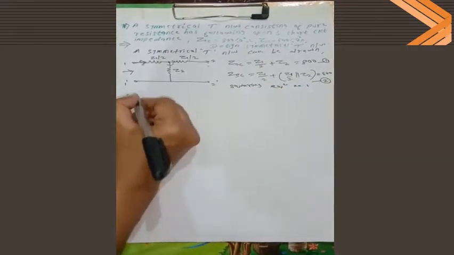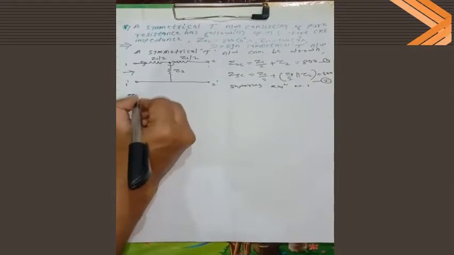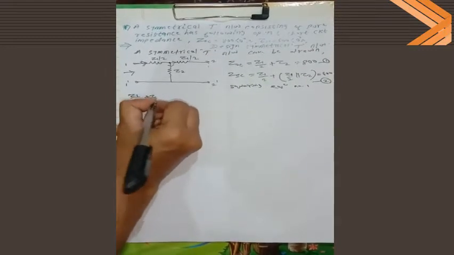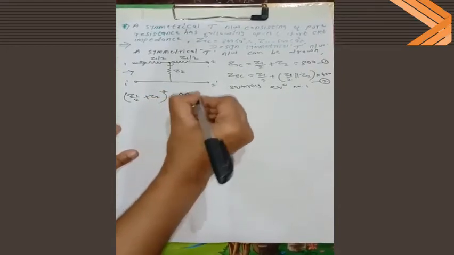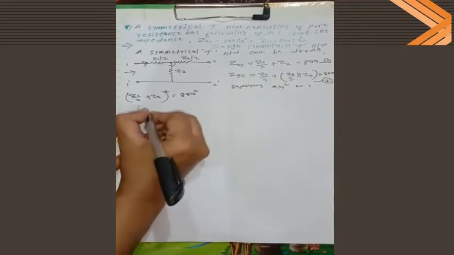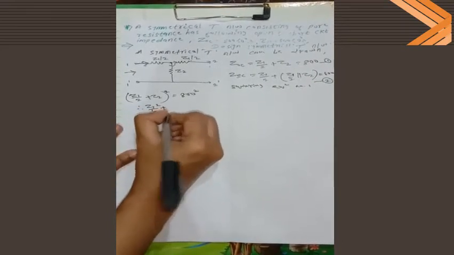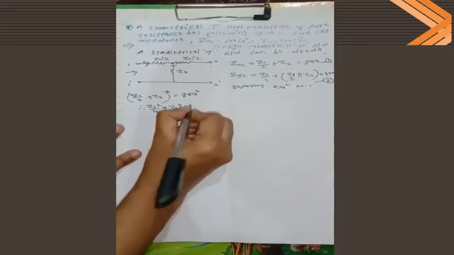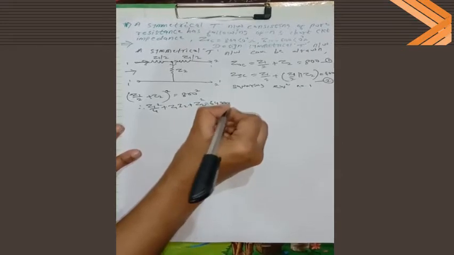Look here: Z1 by 2 plus Z2, this we are going to square. Obviously the other side is 800, that will be squared. So I will write the equation directly after simplifying: Z1 by 4 square plus Z1 Z2 plus Z2 square is equal to 640,000.